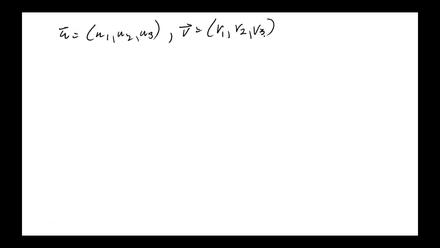The supposed inner product of U and V is defined to be U1 V1 minus 2 U2 V2 plus U3 V3.